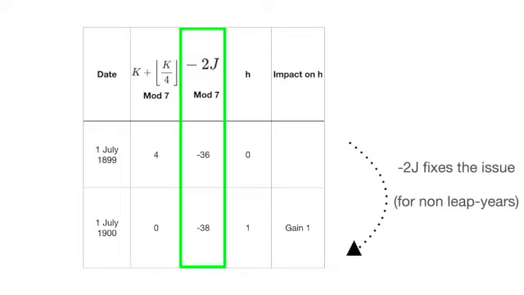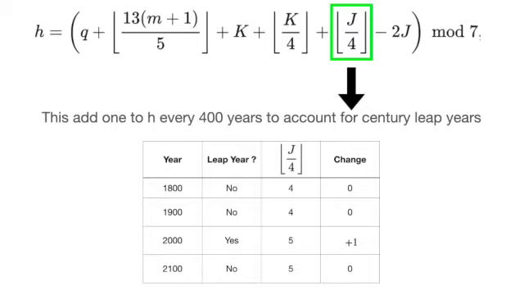So the net effect of minus 2 brings 0 modulo 7 back in line to 5 modulo 7, which was what we had expected. And last but not least, remember that we mentioned a century leap year only happens every 400 years? That is what the last piece of the formula is for. As we go from 1999 to 2000, let's say, since 2000 is a leap year, we will gain a net plus 1 to our h.